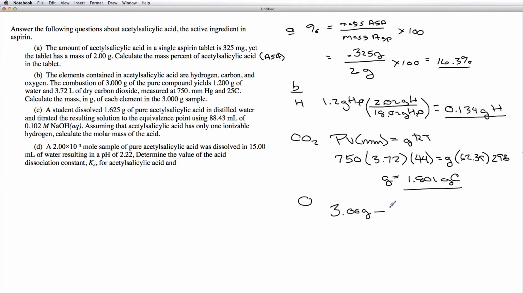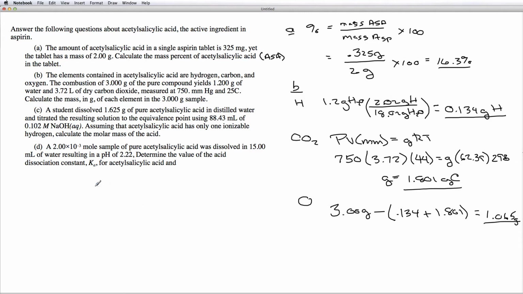So I'm going to subtract 0.134 plus 1.801, and I'm going to get the amount of oxygen that's left, which will be 1.065 grams. So there are my three masses, which is what I was looking for.